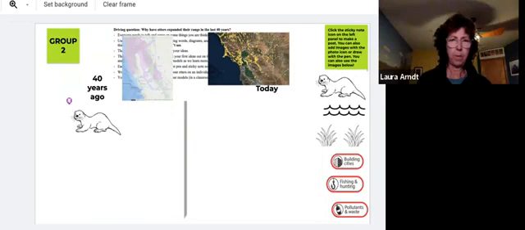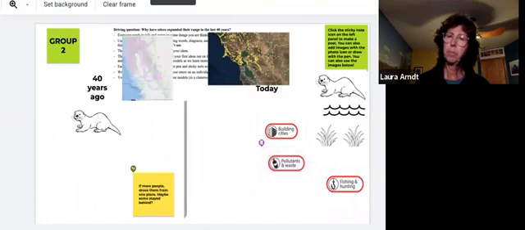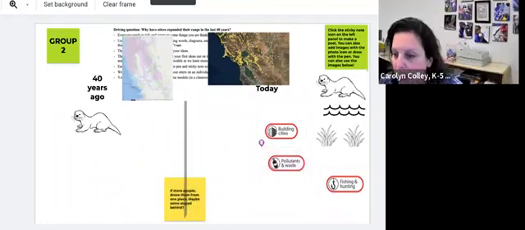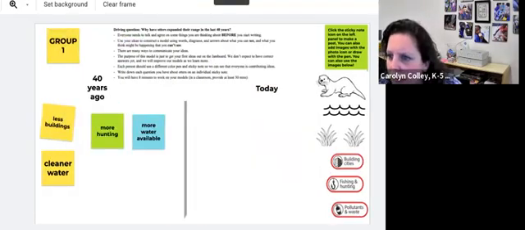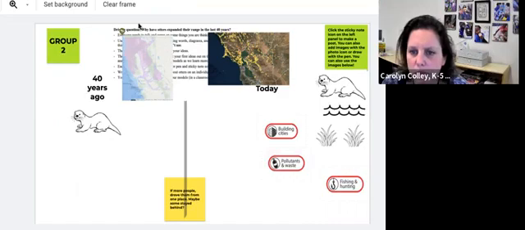So I'm going to write, why would they expand range if more population expanding? Why is my sticky note see-through? Sorry, I shouldn't be distracted by that. Okay.